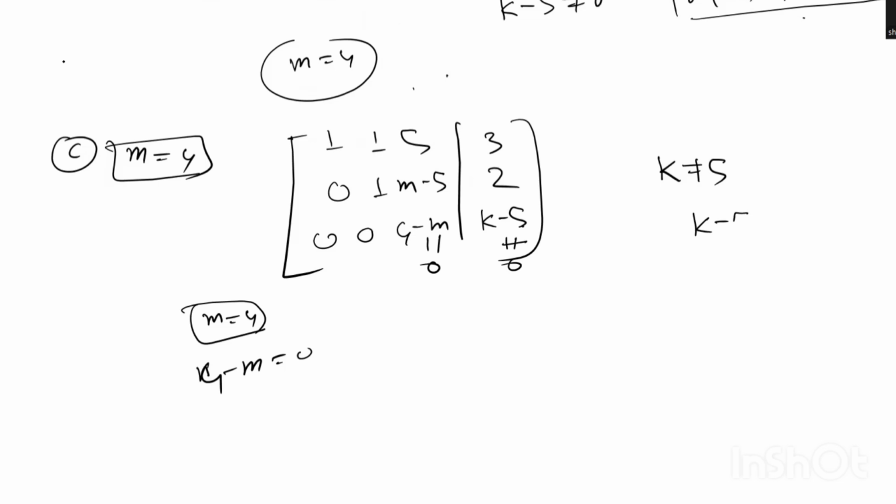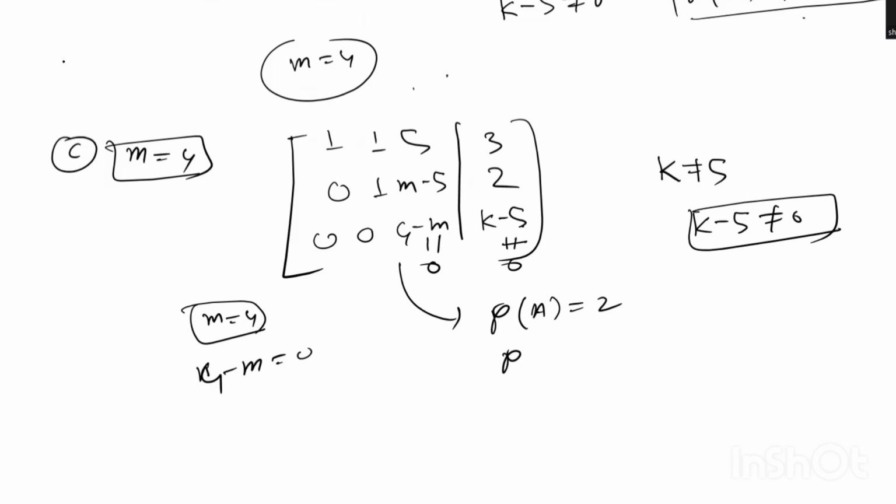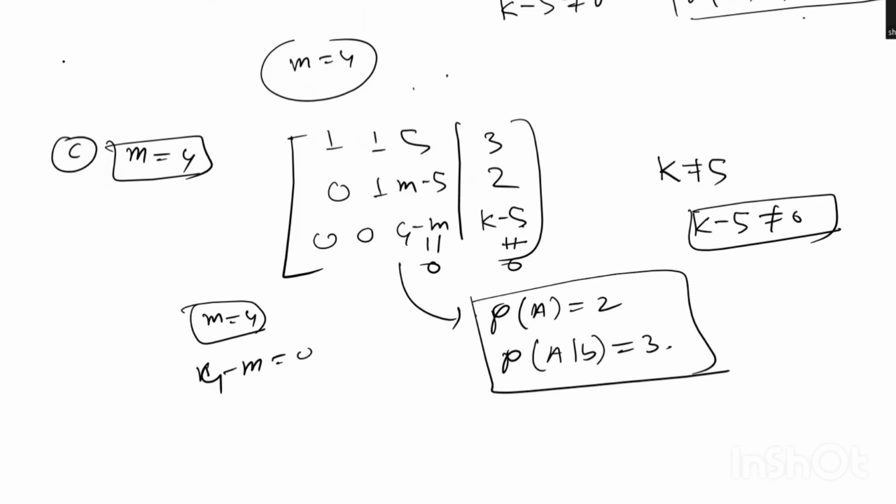In this case the rank of A is 2, because there are two non-zero rows, and the rank of the augmented matrix is 3. So in this case also the system is inconsistent.